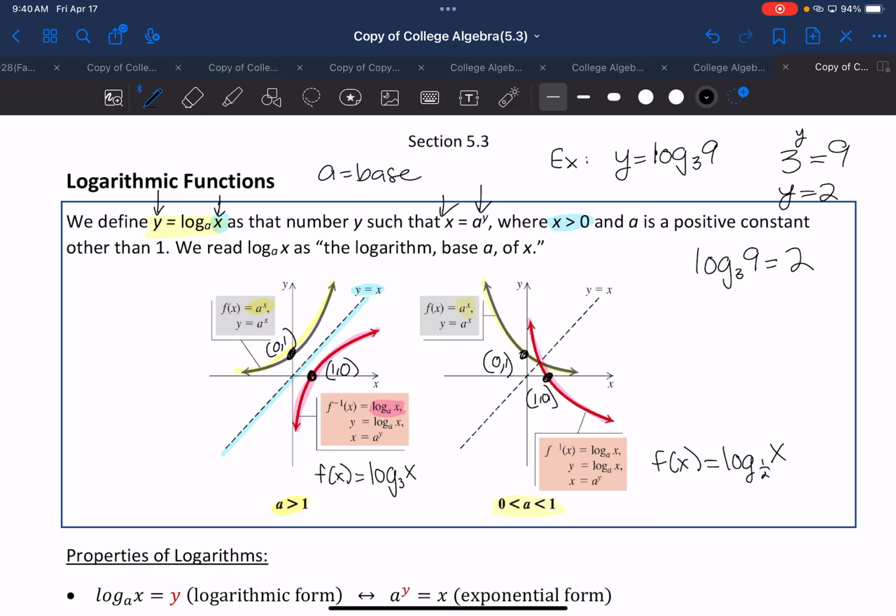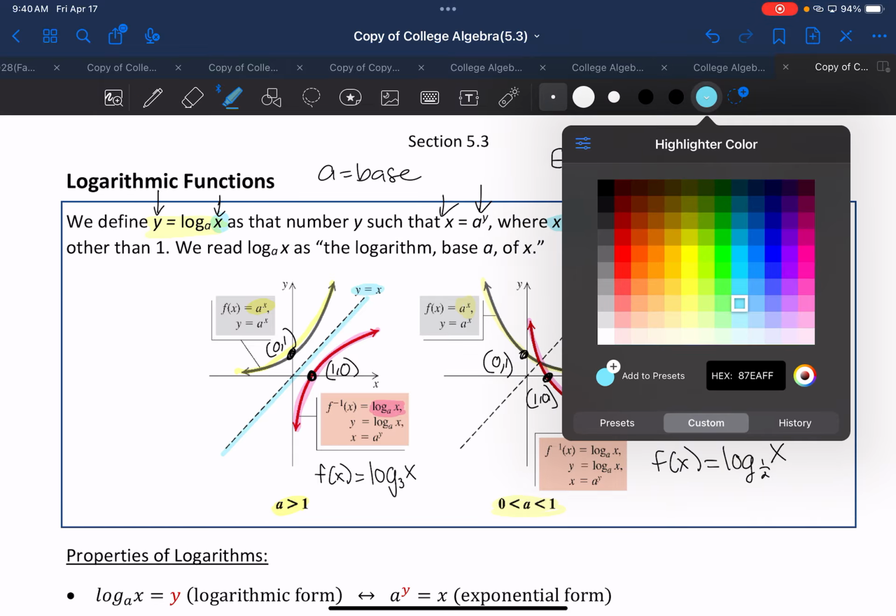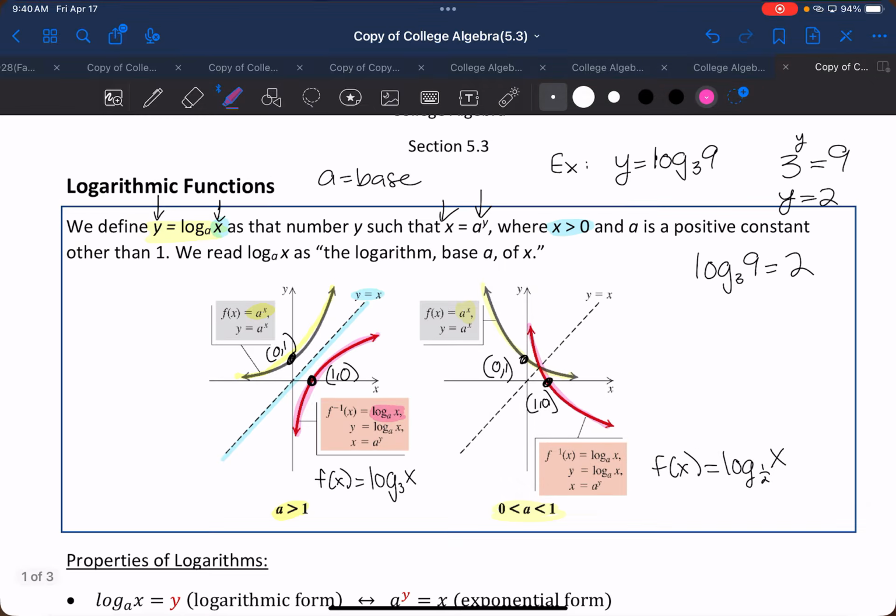Because we are also going to assume that all the a is positive, all the bases. We're only going to consider positive bases for log functions. For any type of log function, you will never see a negative base.